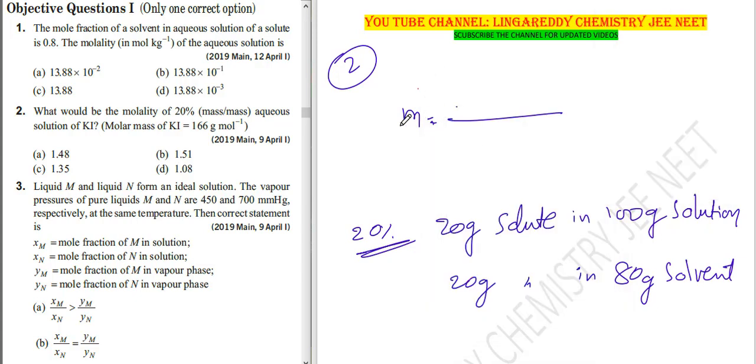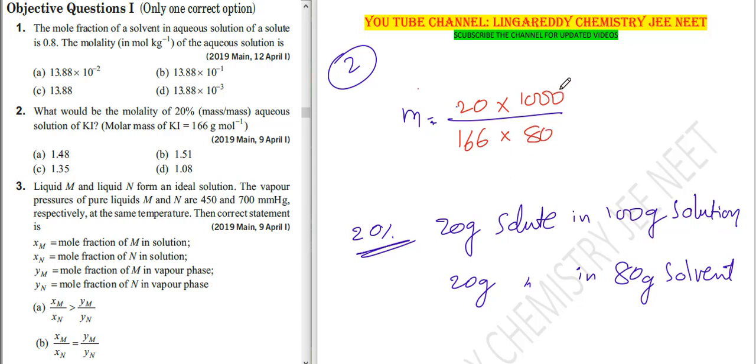Now the molality formula. Mass of solute, how much? 20 gram, gram molecular mass of solute 166, into 1000, into solvent mass, that is 80 gram, right?